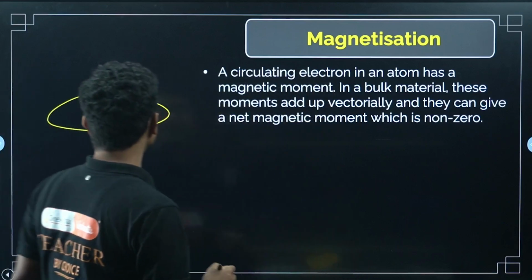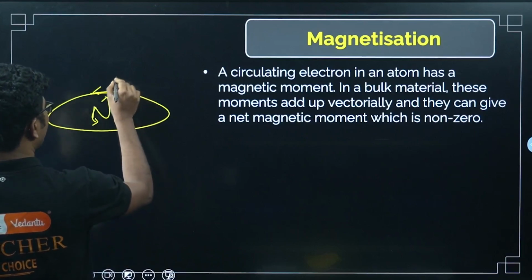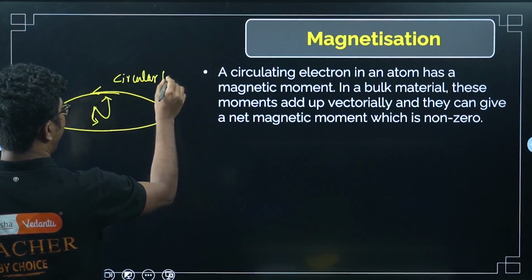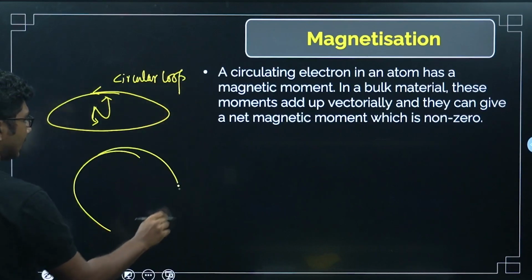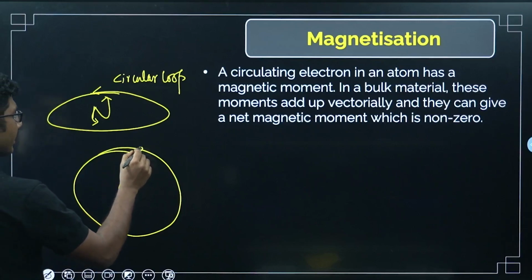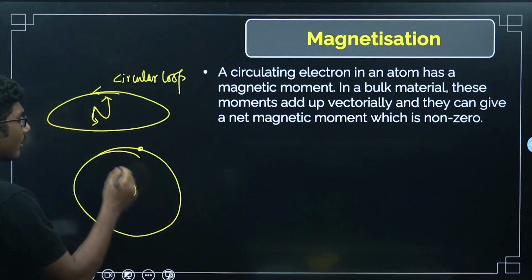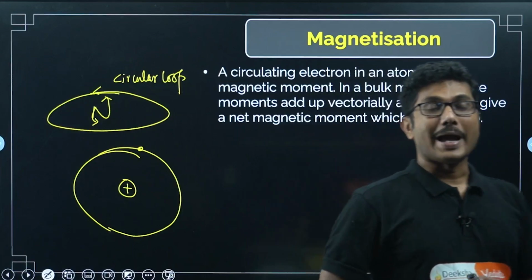Similarly in an atom also, an electron is rotating, with a positive charge at the center. Now if there is a single electron rotating in an orbit, this can give rise to a magnetic moment.